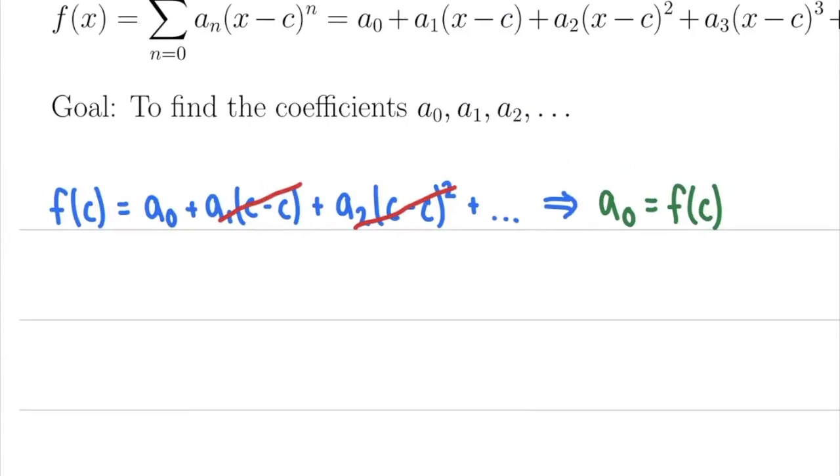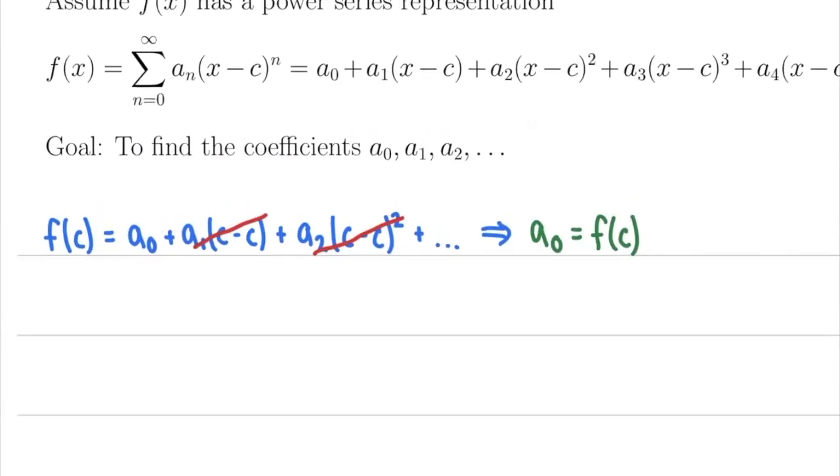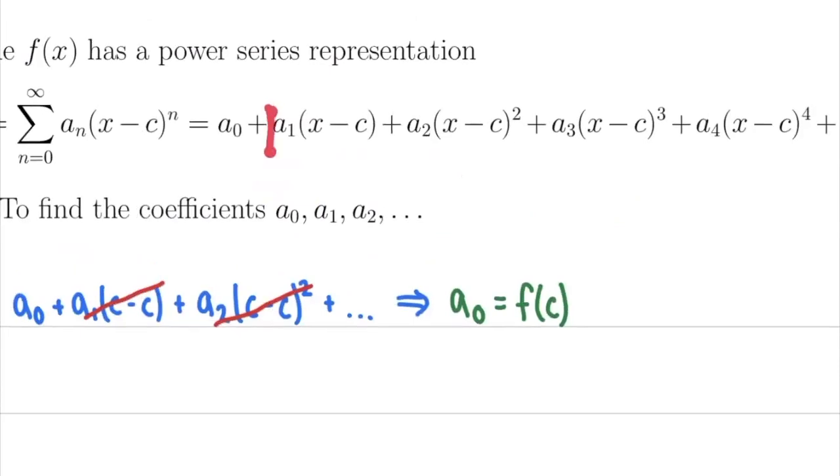So next up, we need to find a1. Again, we want this term to survive and the rest to become 0. But it's a little different this time, because last time a0 was a constant, and when you plug c in, everything went away except a sub 0. But now I want this to be a constant. You want it to just be a1.